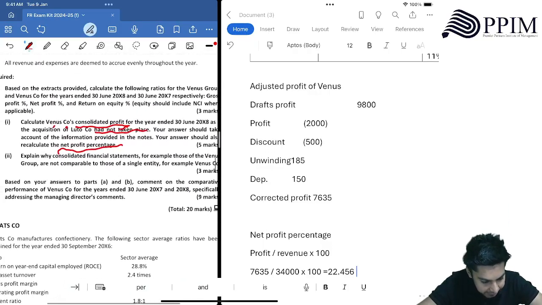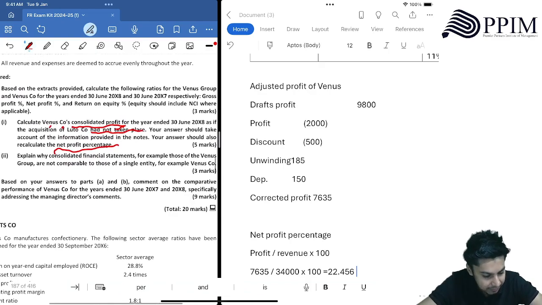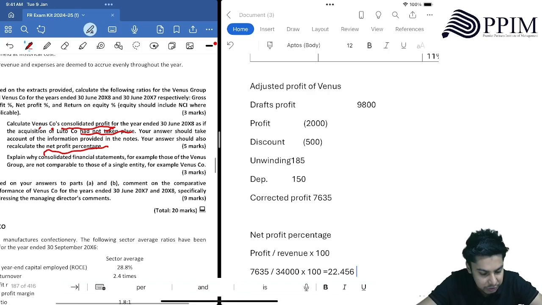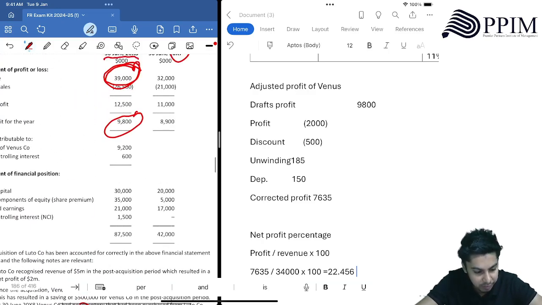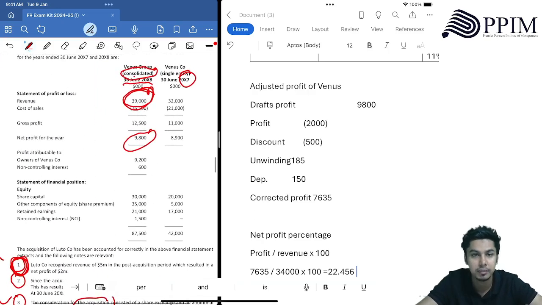Explain why consolidated financial statements are not comparable to those of the single entity, for example, Venus Corporation. Guys, now they are asking you a very basic question. What is the basic question?